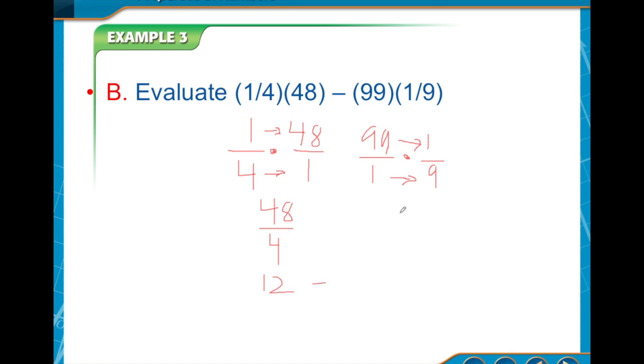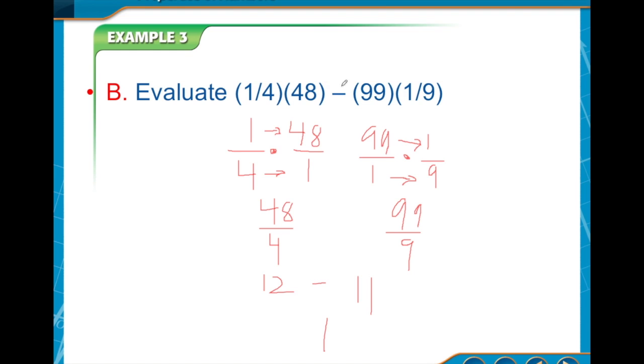So this would give me 99 on top. And we would get 9 on the bottom, 1 times 9 gives us 9. And I know 99 divided by 9 is really just 11. So our final step here, we have 12 minus 11, which we all know is 1.